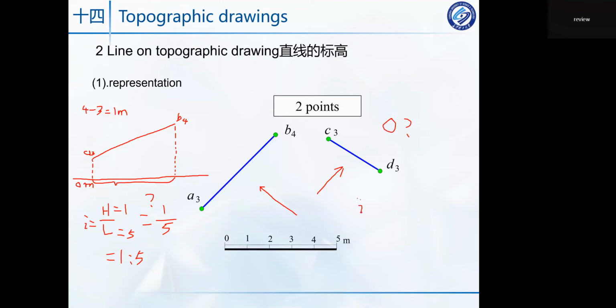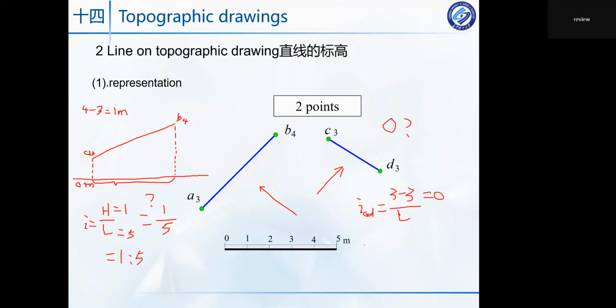You can see the CD, it equals the difference of the elevation, 3 minus 3, divided by L. The difference of elevation is 0.